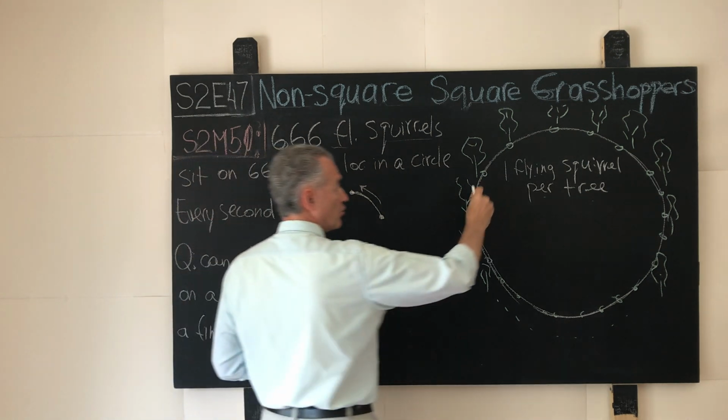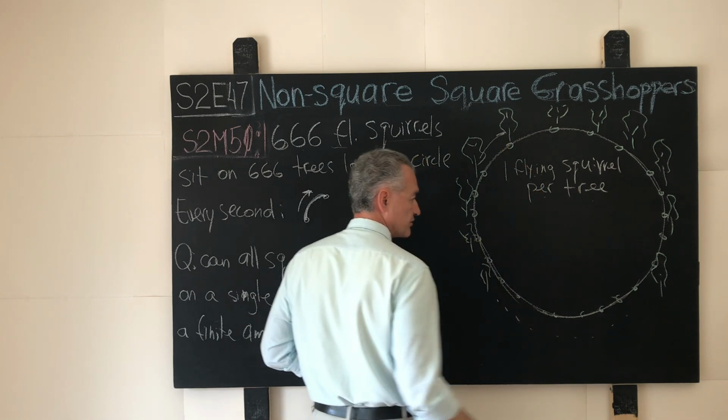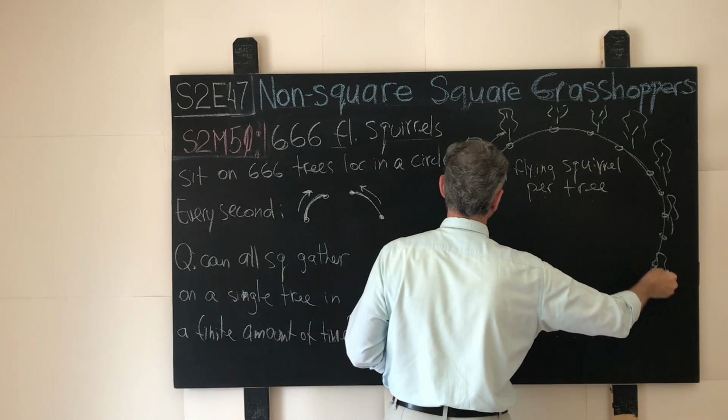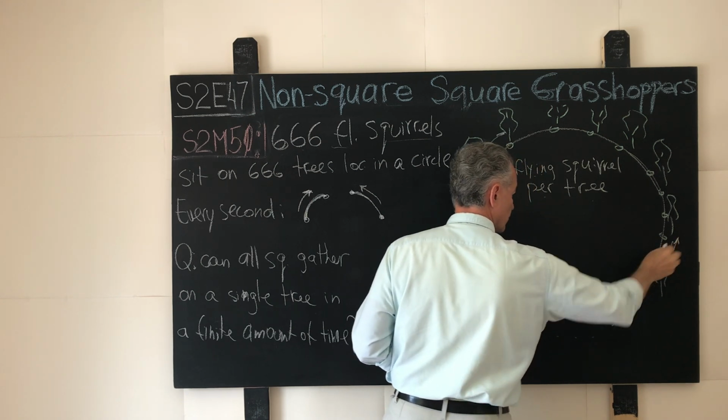If this guy flew this way, then this guy will fly this way from one tree to another.